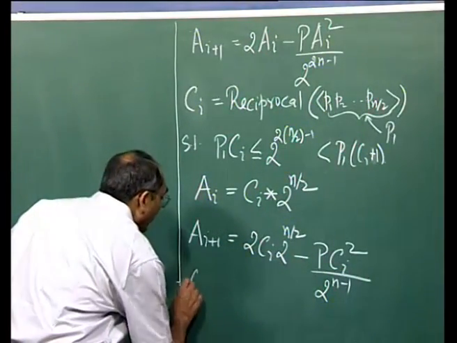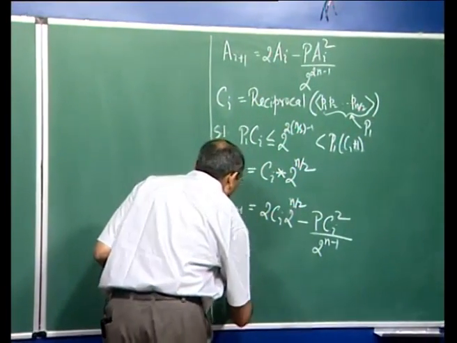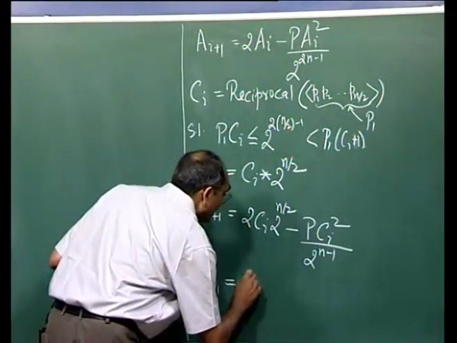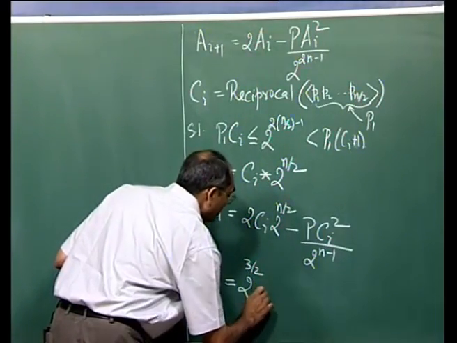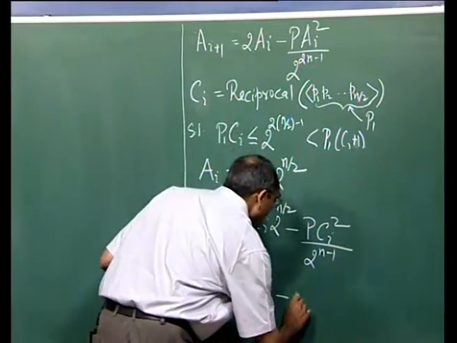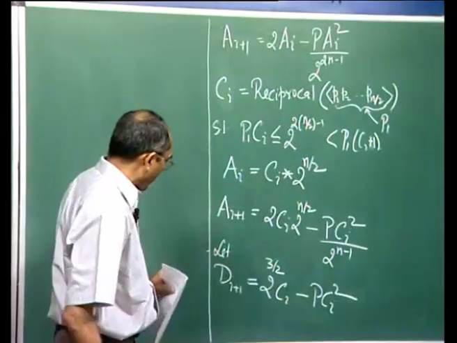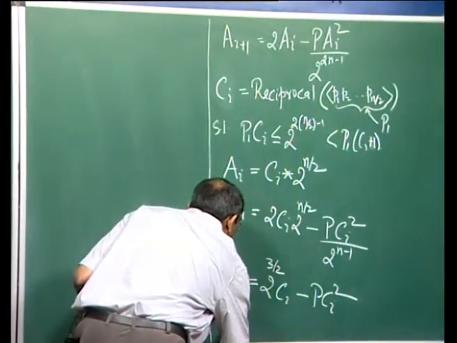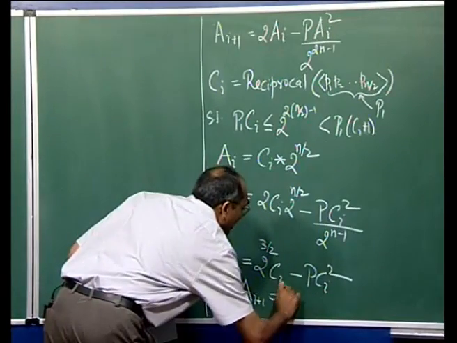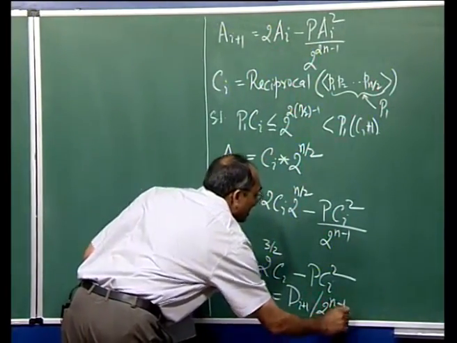Now let us define d_{i+1} to be 2^(3n/2) c_i minus p c_i squared. Then a_{i+1} is nothing but d_{i+1} divided by 2^(n-1).